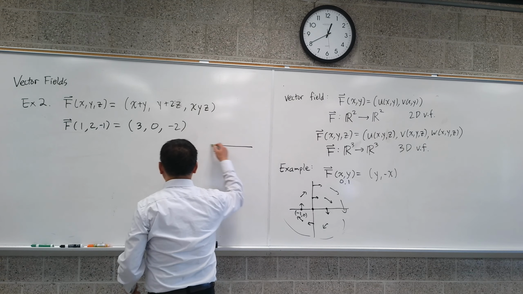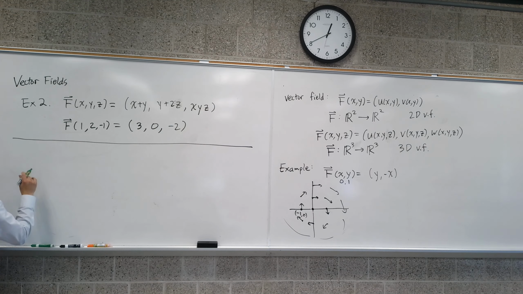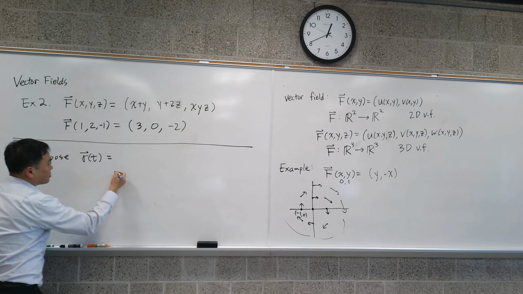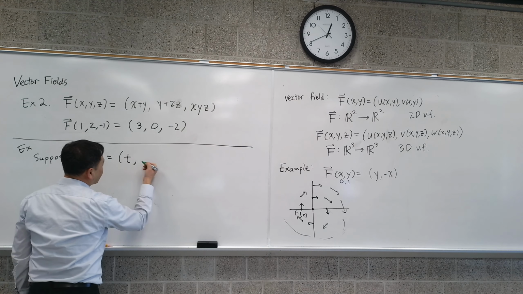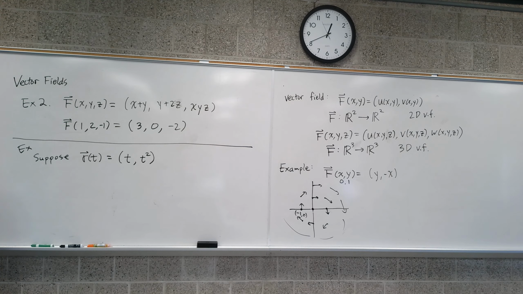Now, as I said, one of the key interests for us will be doing something like this. Suppose r(t) is, say, t comma t squared. So what does this do?